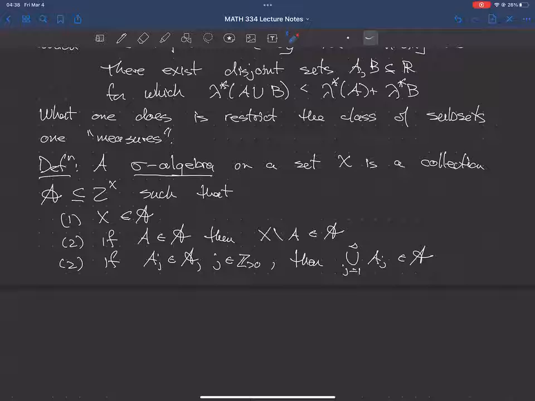Well, you learned that if you take any collection of open sets, it doesn't have to be countable like I had in my definition here, their union is also open. For open sets, it's not true that arbitrary intersections of open sets are open, but finite intersections of open sets are open. Those are the properties of open sets, a topology.